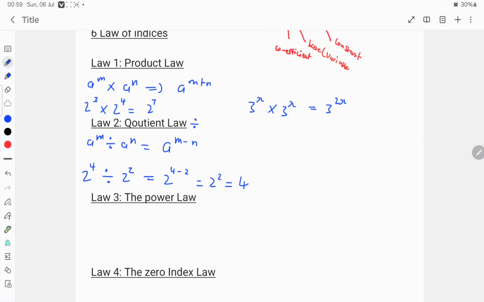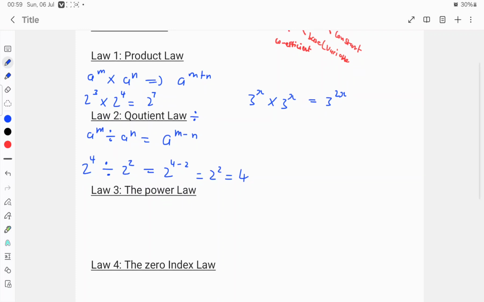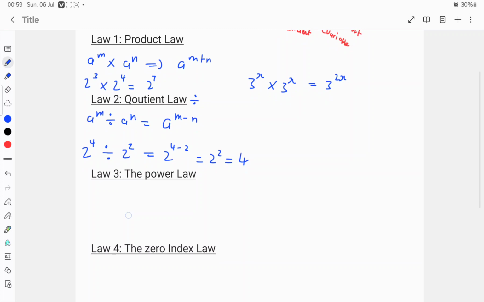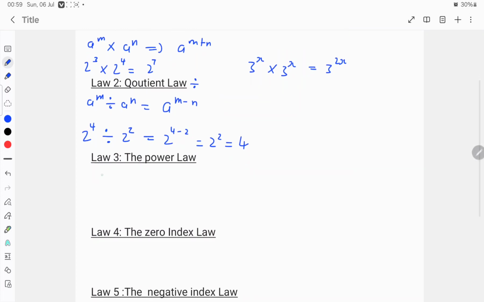That's the second law of indices. It's called the division law. Let's go to the third law of indices. The third law is called the power law. The power law is when you have a bracket. So let's say I have a power m and then power n. In this case, you can see that both the m that's inside and the n that's outside are all index.